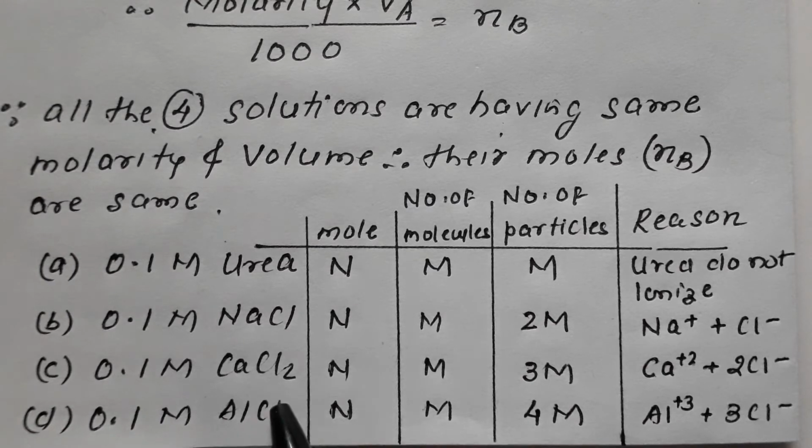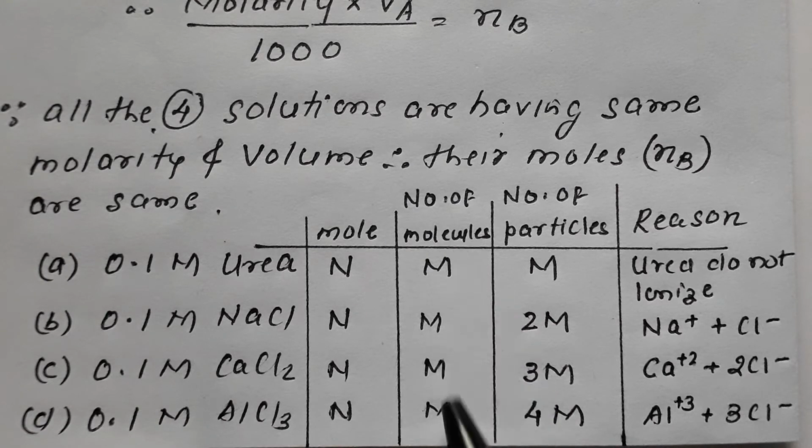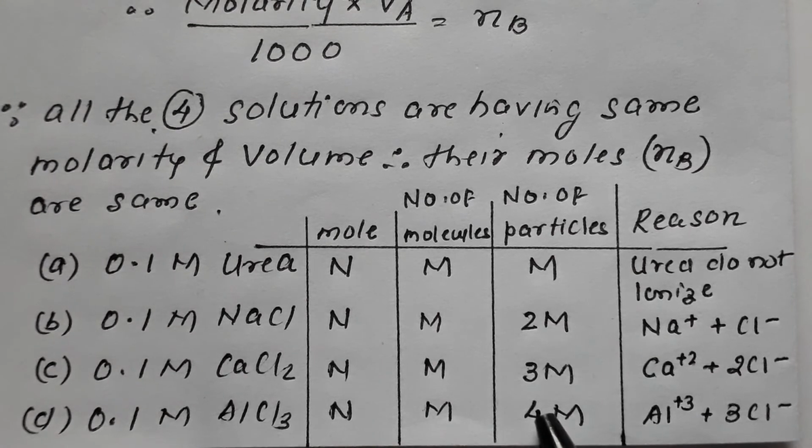In case of CaCl2, the number of particles would be 3m because one CaCl2 gives one calcium ion and 2 chloride ions. And for AlCl3, the number of particles would be 4m because one AlCl3 gives one aluminium ion and 3 chloride ions.